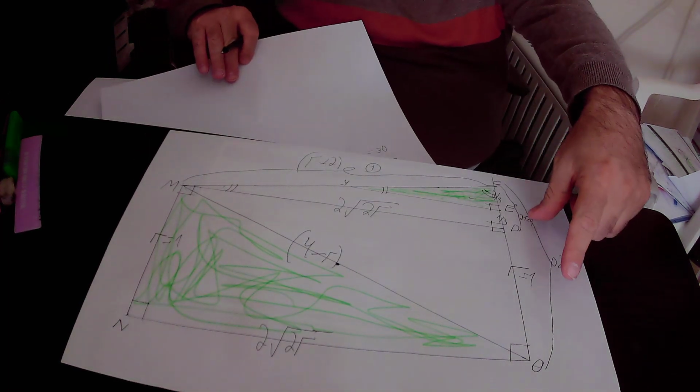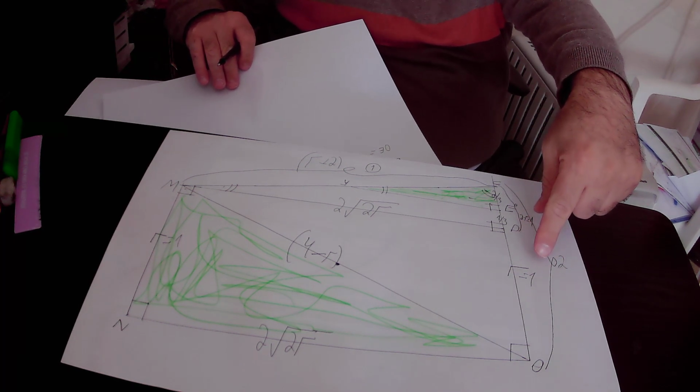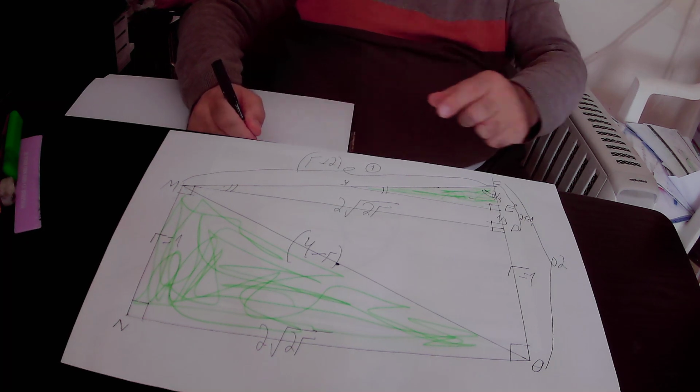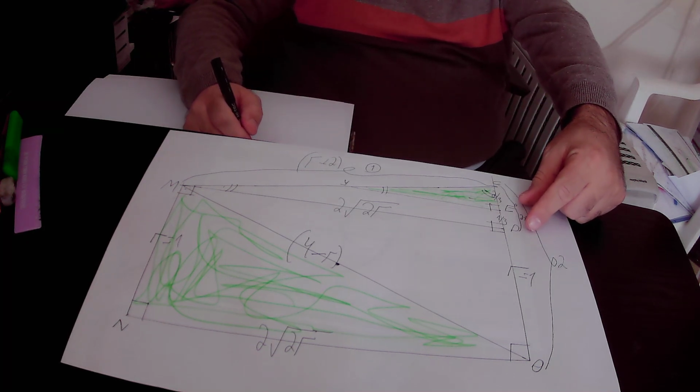But we know that OD equals R, which equals 1, and we already found out that DE equals 1/3.